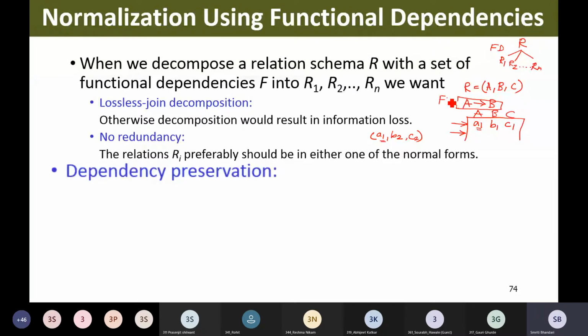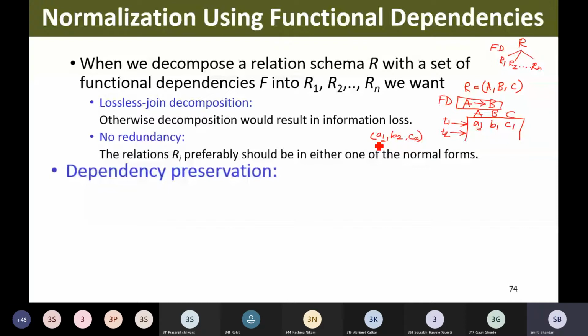As I am having this valid functional dependency A determining B, what is important is if I am having two tuples in a relation, say T1 and T2, then this functional dependency says that if my A values are same, my B values must be same. Then and only then is this functional dependency satisfied. So whenever we try to update our relation, our system is checking whether the functional dependency is violated or not.